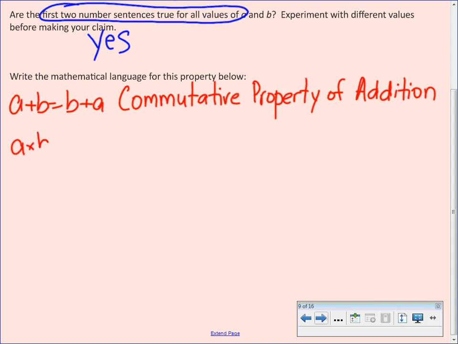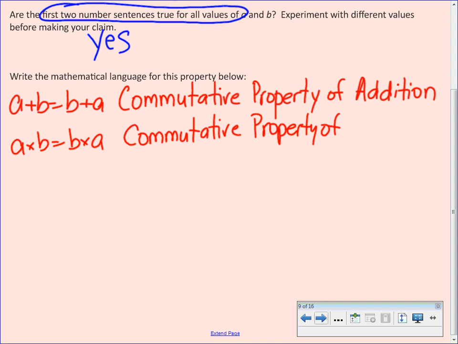And then A times B is the same thing as B times A. And that's the commutative property of multiplication.